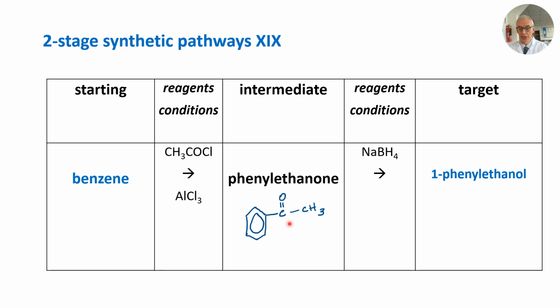Again, here's ethanone, and because the side chain contains a functional group, the benzene ring is named as phenyl. So phenylethanone to phenylethanol is sodium borohydride. How do we get phenylethanone? This is a Friedel-Crafts acylation. So ethanoyl chloride, aluminium trichloride catalyst.